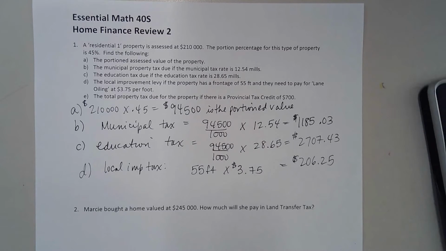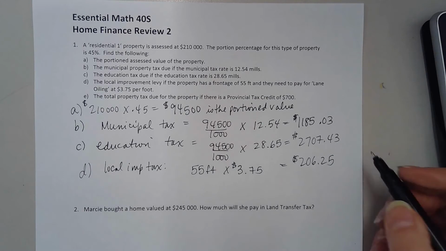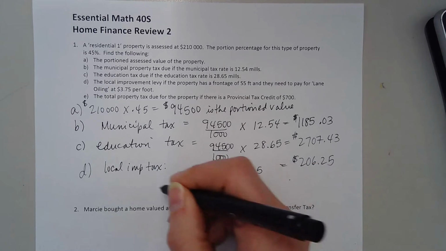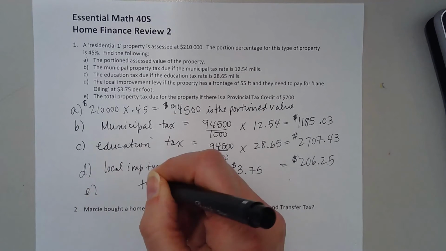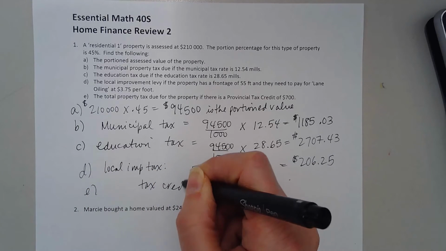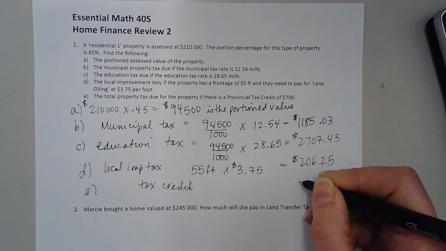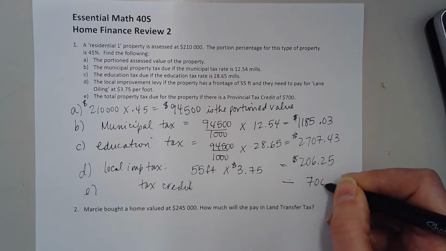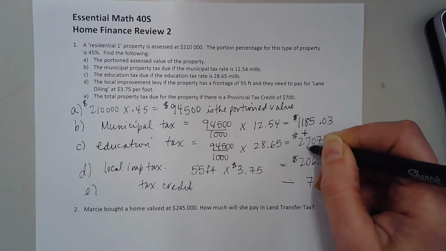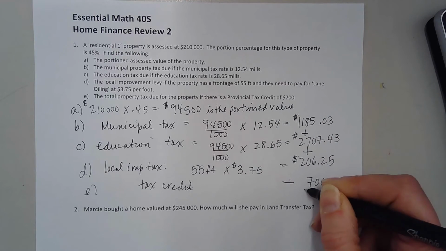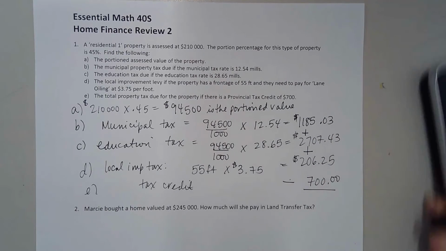Okay, am I done? What do I do with that tax credit? I add the tax credit? No, I minus it. Subtract. Yeah. So it's the only one. Everything else is added. I sum up these three numbers and I take away the 700. Yeah.